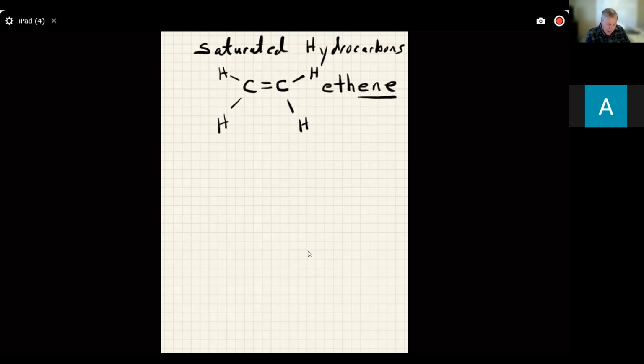And this is an unsaturated hydrocarbon. All right. And we can even go further.